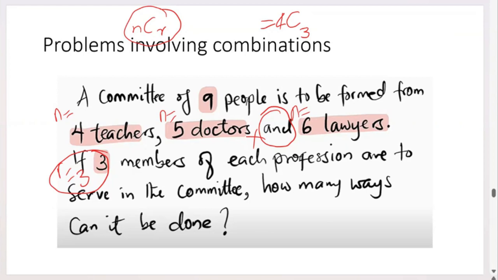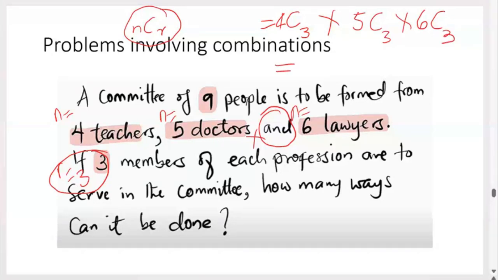We are multiplying by doctors: you've got 5 doctors, and R is 3 members of each profession. Then multiplied by lawyers, N is 6 for lawyers, and R is 3. For each profession, R is the same.